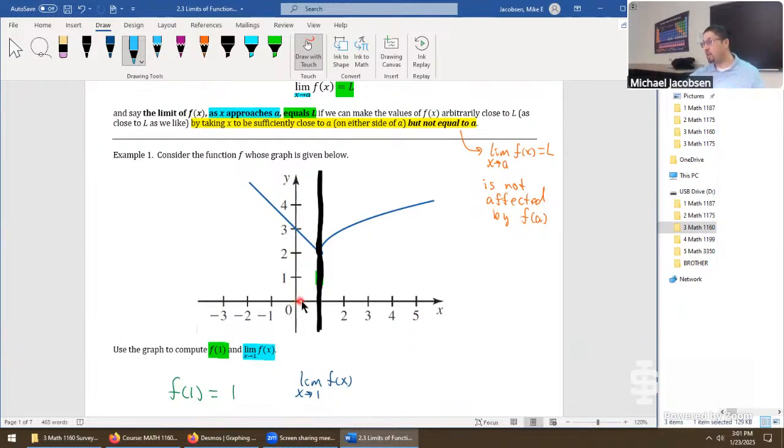Either you're coming in from the left, where all of these values are less than 1, or you're coming in from the right, where all these values are greater than 1, and we hope the curve is heading towards the same common value. So here's one input. If x is tending towards 1, then this is pretty close. It looks like a 0.6. We go up, we hit the curve, and output some function value there.